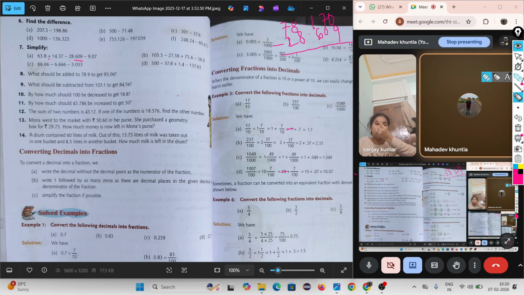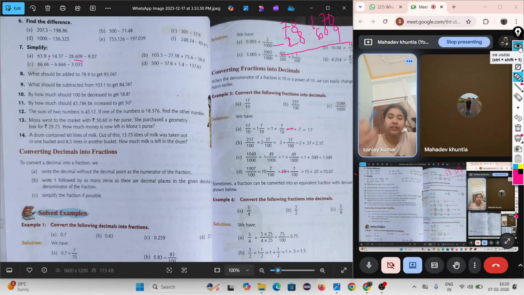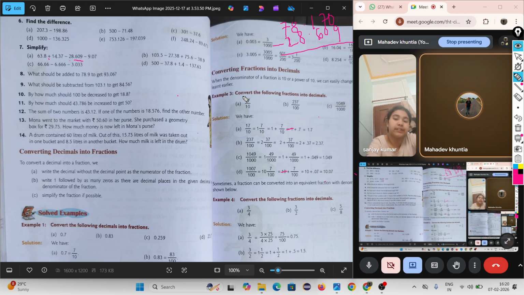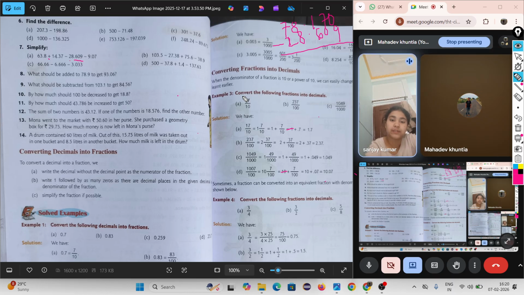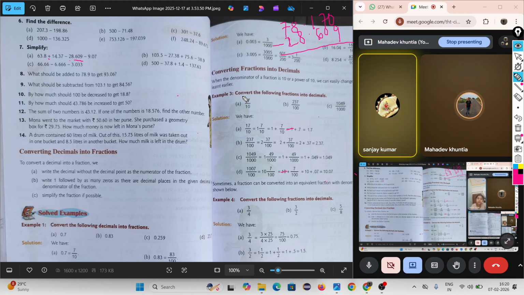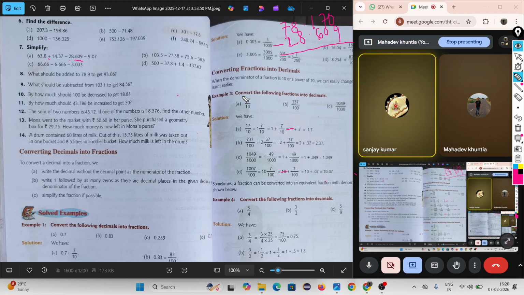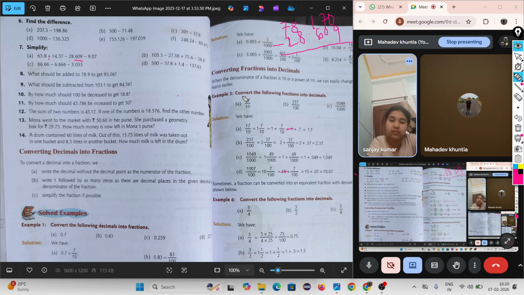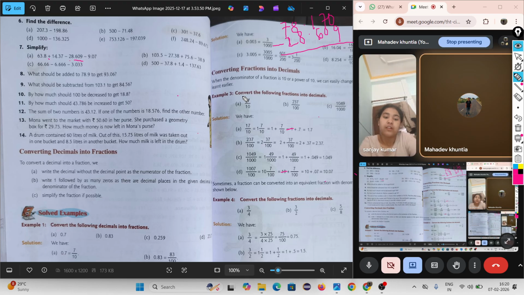Okay. 78.170 minus 28.609. Again, you are closing your camera.